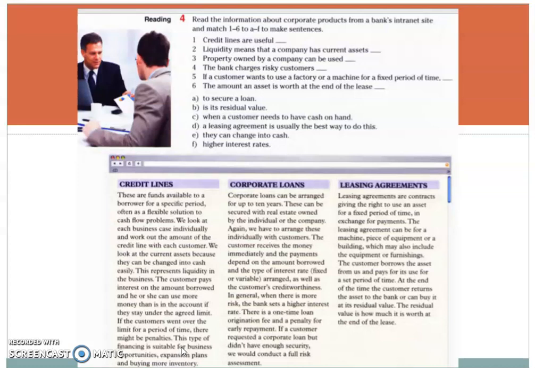First, we have credit lines, corporate loans, and leasing agreements. So before we read, I will just give you a bit of information about these. Although I already explained this to you, I would like to give you more information about this.